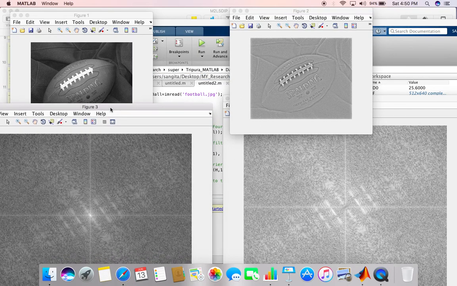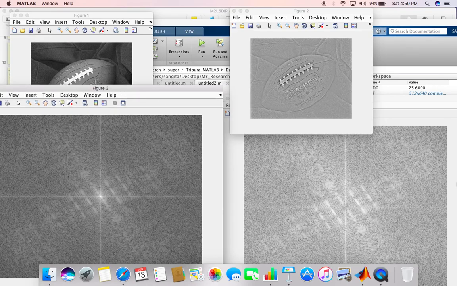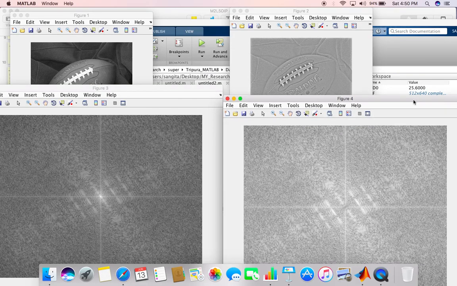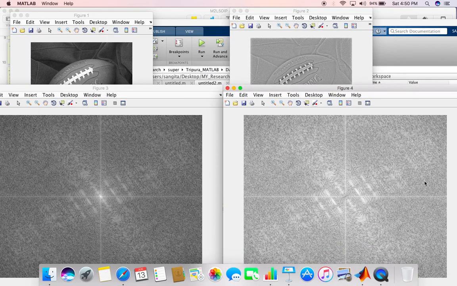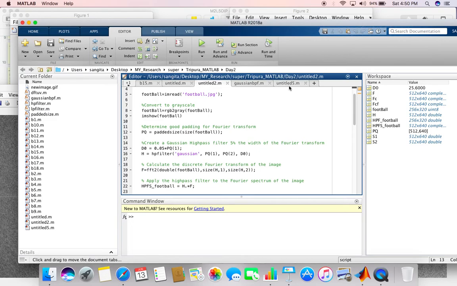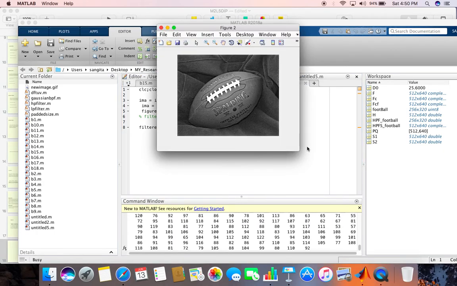And this is the original image frequency spectrum, and this is the high pass filter frequency spectrum. Now the last one, bandpass filtering, with the same figure.